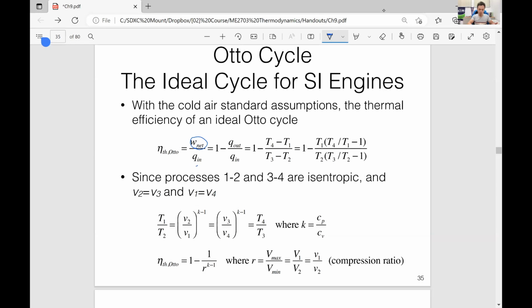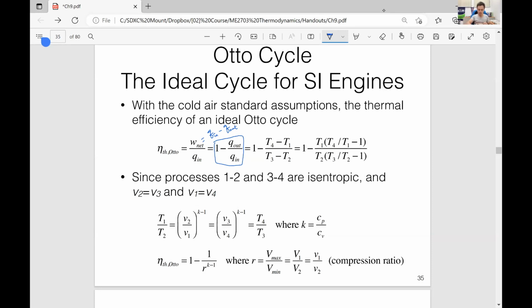Then the required input is just the Q in, right? This is the only one that is input to the system. And the net work output in this case is Q in minus Q out based on the energy balance. So that's why the efficiency can be rewritten in terms of Q.